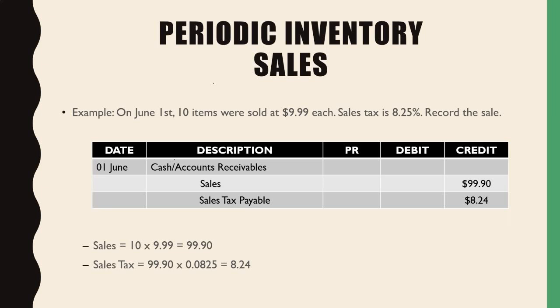Now in this case, it's close to $100, so it should be roughly $8.24. Then once you get that, this is where you can go ahead and understand how much total is your sales. Okay, so you're going to be charging a grand total of $108.14.